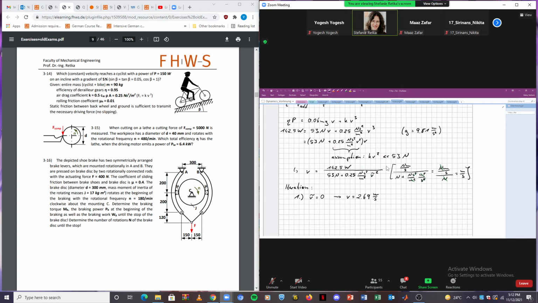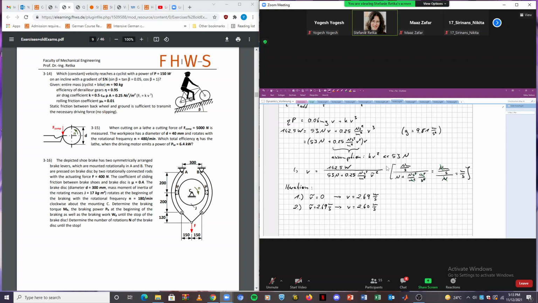So we have to perform a second step in our iteration, assuming that our starting value is equal to the computed value, 2.69 meter per second. And now we already obtain a velocity of 2.60 meter per second. So we get closer quite quickly.